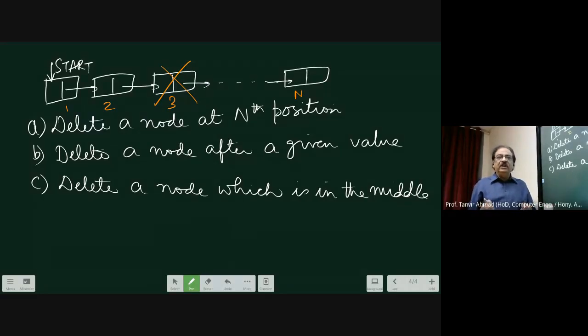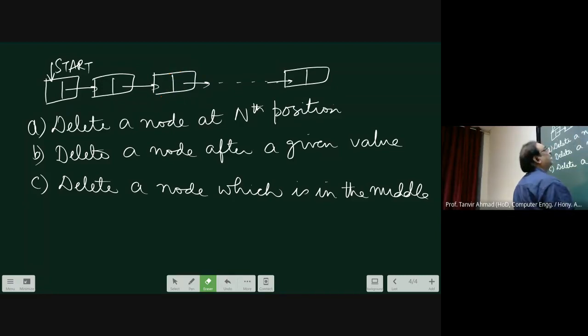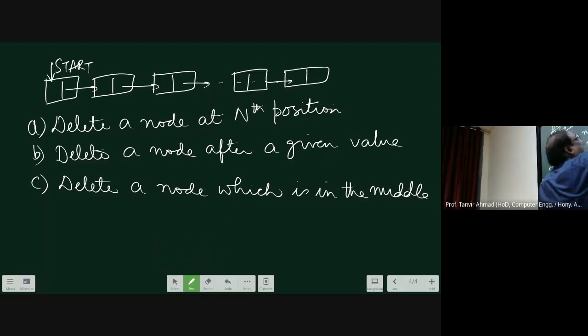That means you just write while. Now you have to make a loop for that. In this one, it might not be only this. It could be like this: 1, 2, 3, say n minus 1, this is n.